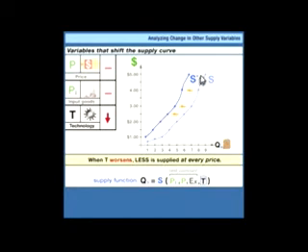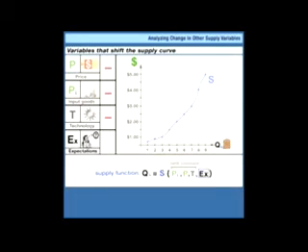Let's now consider one further factor. Suppose the expectation is that bread prices are going to be higher in the future. Maybe bakers believe that the price of bread is going to rise next week. How would that influence the amount of bread that they offer for sale today at any given price? With the expectation of higher future bread prices, bakers will take the bread off the shelves today, put it in the freezer, and wait and sell it next week.